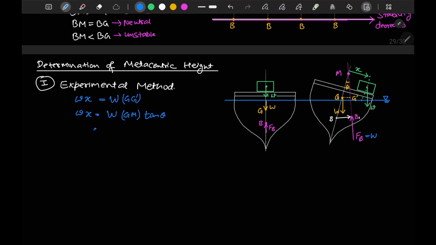So from here GM, or metacentric height, is equal to wx by W tan theta. This relation you have to remember.